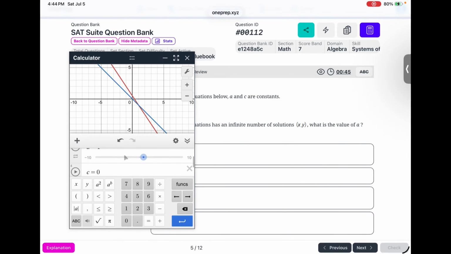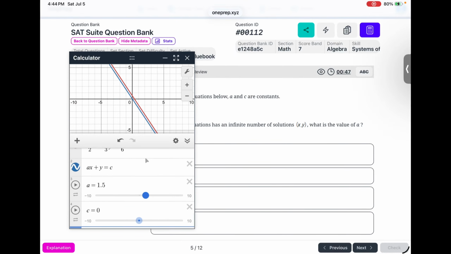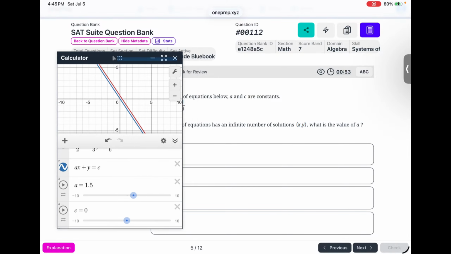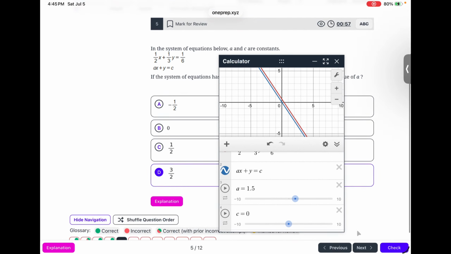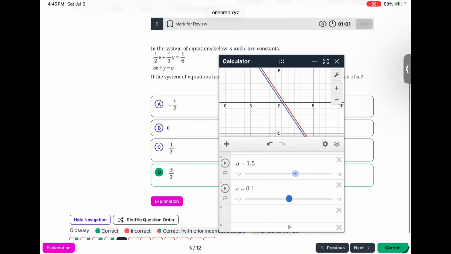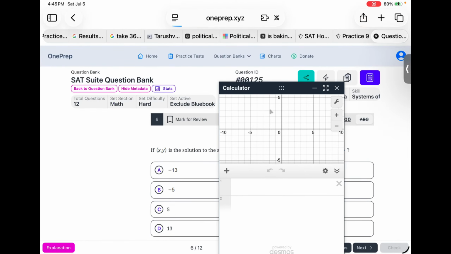So now we just gotta see when this overlaps right here. 1.5, is that an option right here? 1.5 is 3/2. Check that. Yep, that's right. And if we just move the c over here, then it'll overlap like that.